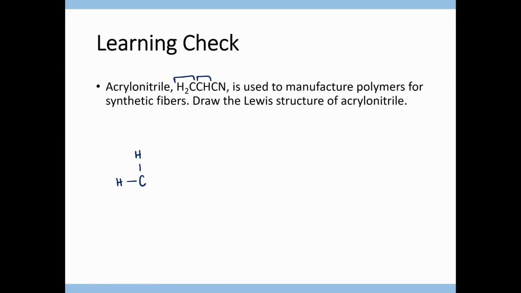Then we have a CH. So this carbon that we've already drawn is bonded to another carbon that's bonded to a CH. And then we have CN. So the second carbon's bonded to a third carbon, which is bonded to a nitrogen.